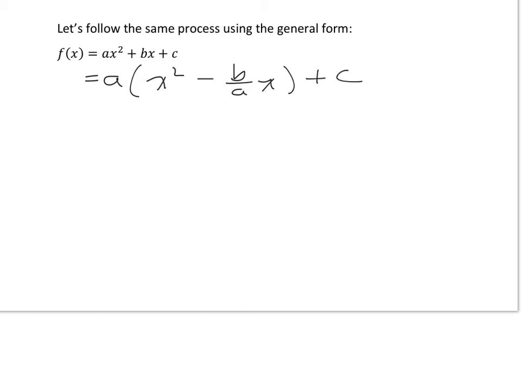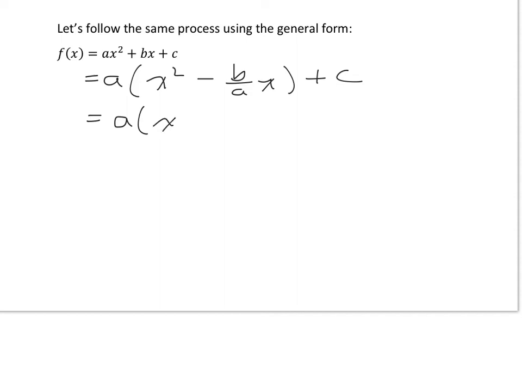Now to complete that square, to turn that binomial into a perfect square trinomial, we are going to cut that number in half. So negative b over a, half of that will be negative b over 2a, and then we'll square that and add that.